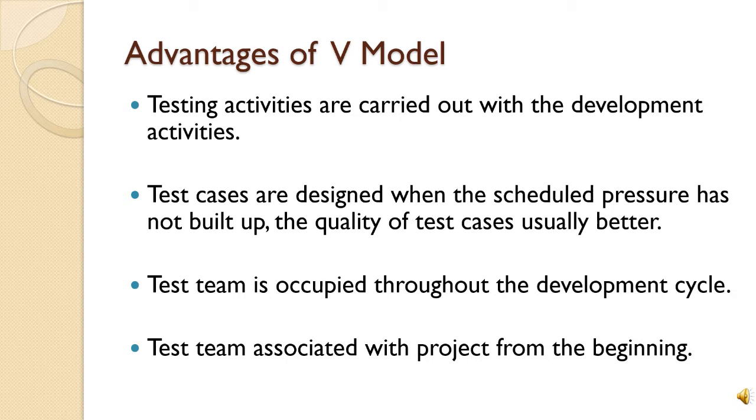So before the testing phase starts, a significant part of the testing activities, including test case design and test planning, is already complete. Therefore this model usually leads to a shorter testing phase and an overall faster product development as compared to the iterative model.